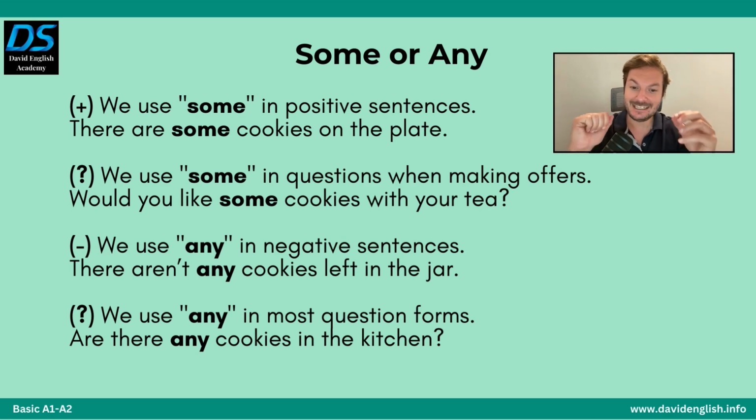Are there any cookies in the kitchen? That's a general question. So remember that some and any is usually with things that are plural, like cookies here. But remember, we use some and any with uncountable nouns as well, for example, milk, water, sugar.